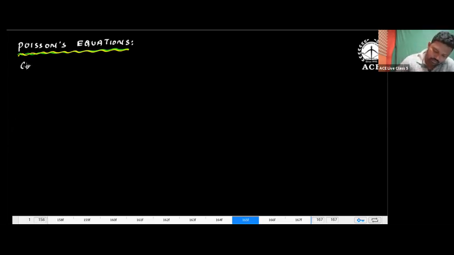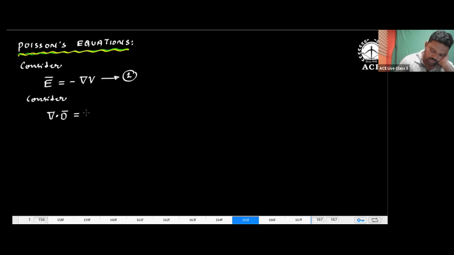Consider E is equal to minus gradient of V, the gradient relation. Let me call this equation number 1. Consider divergence of D is equal to rho V, beta, where D is equal to epsilon into E.